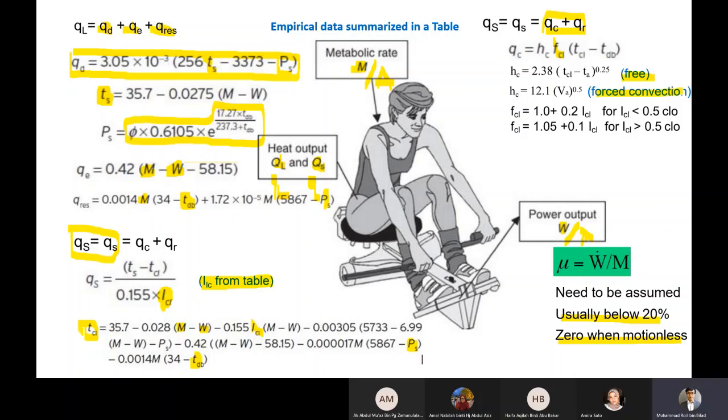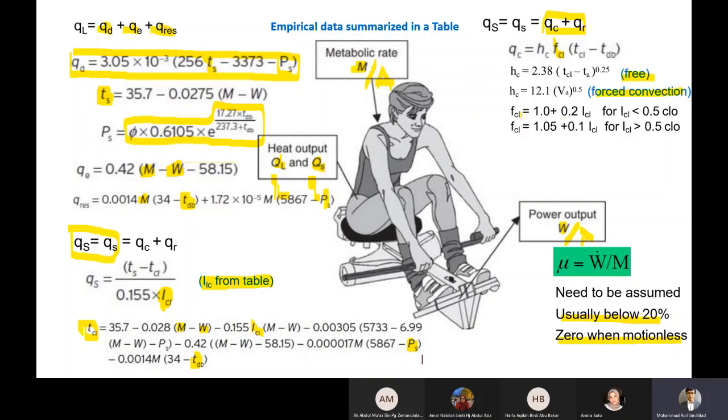For example, you walk at the speed of 1 meter per second, and the wind is blowing in the opposite direction at 1 meter per second. So the total VA then becomes 2 meter per second. Okay, I repeat again. Air velocity can also happen because you move your body. You have to take into account your movement and the air movement as well.